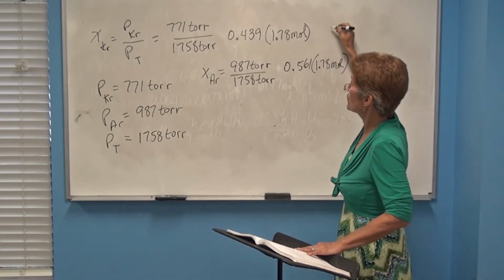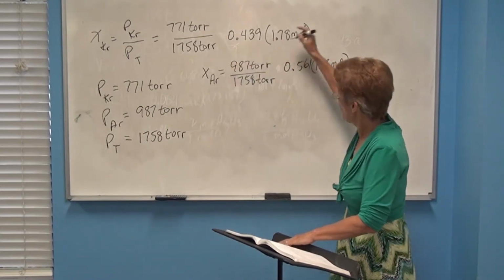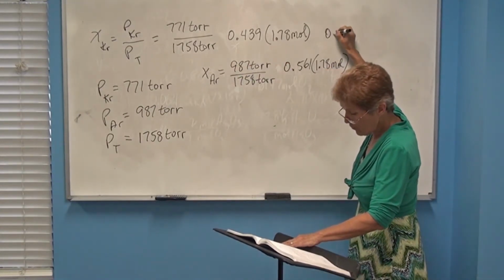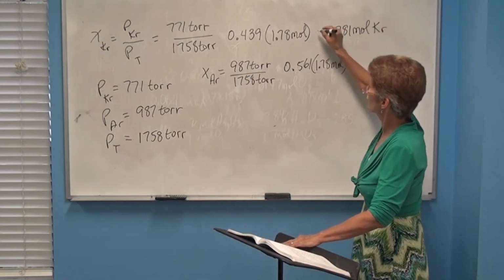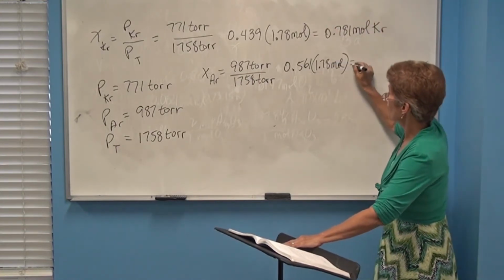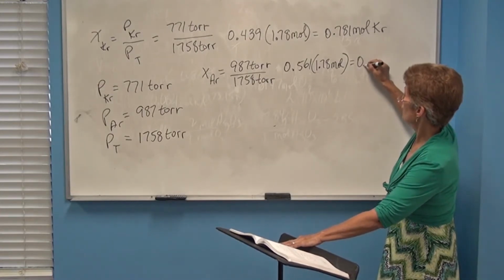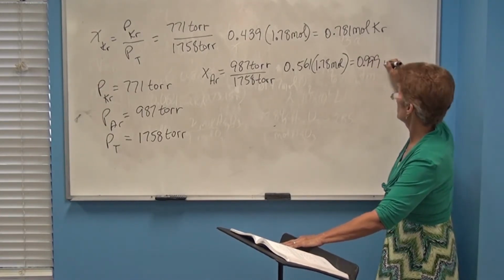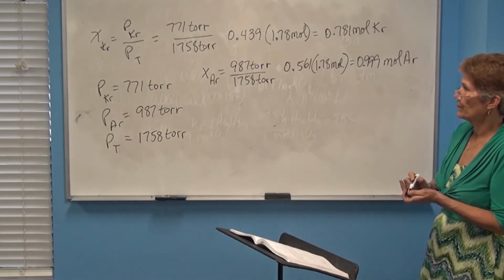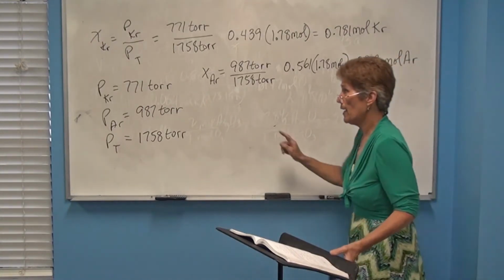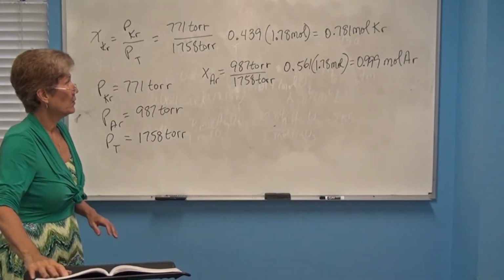And so that tells me that the moles of krypton is 0.781, and the moles of argon are 0.999. There you go. So you really had to know how to manipulate these guys to find your way through it.